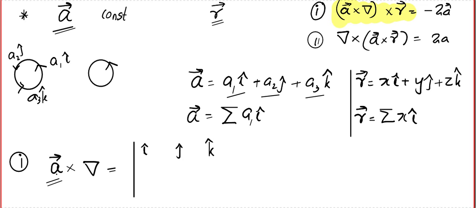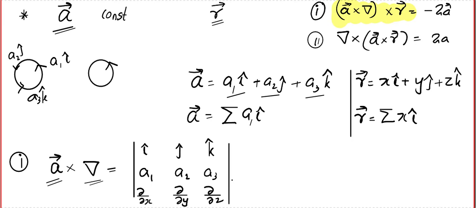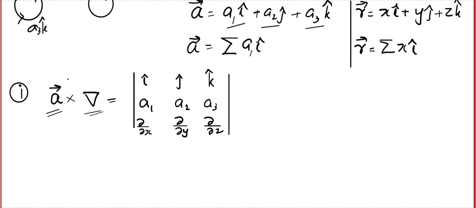Second row, the coefficients of A: A1, A2, A3. And the third row will be the coefficients of del, that will be the partial derivative operators. If you don't remember what del is, please watch the last two videos. I have explained what this del or nabla or atlet is.